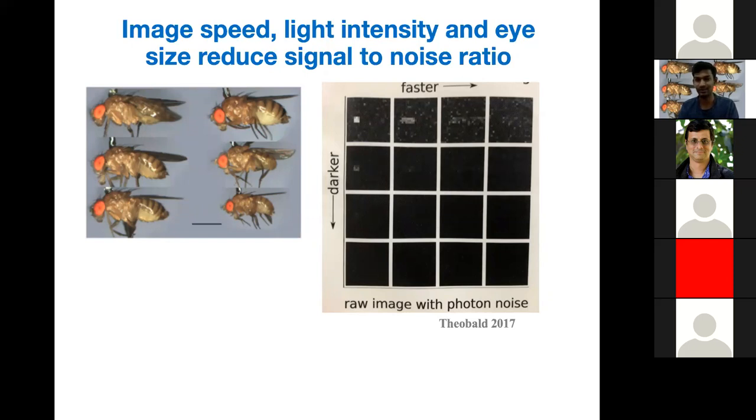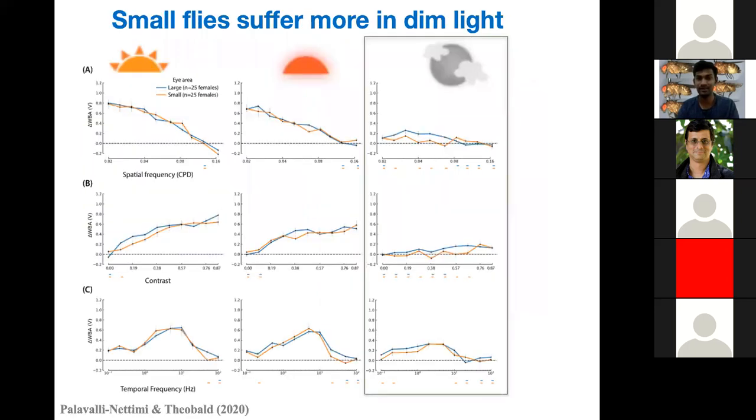We wanted to understand how the visual abilities of smaller flies change with light intensity. So we repeated the same experiment, the same setup, at different light intensities. The orange one is smaller flies and blue is larger flies.